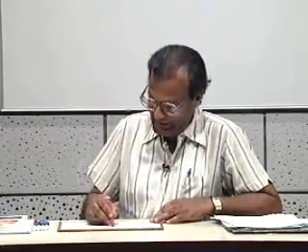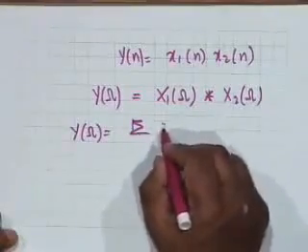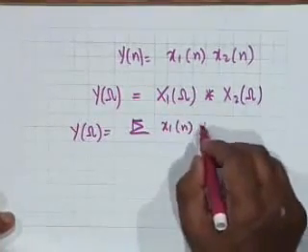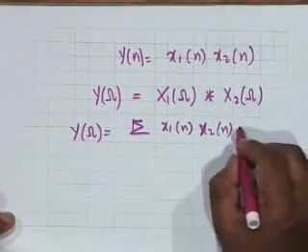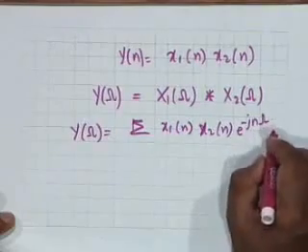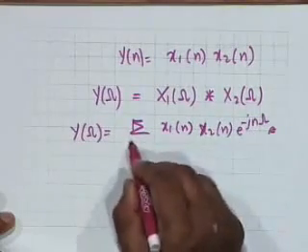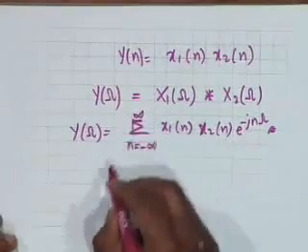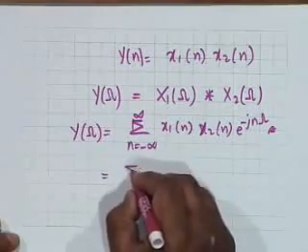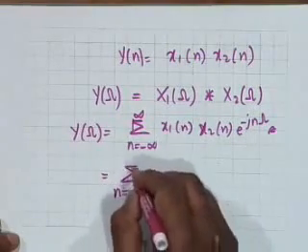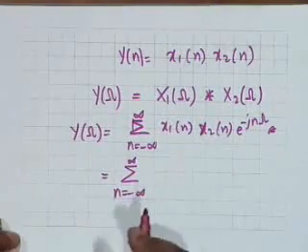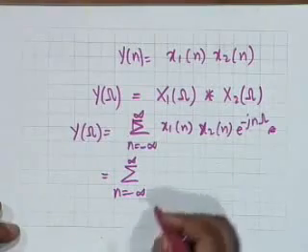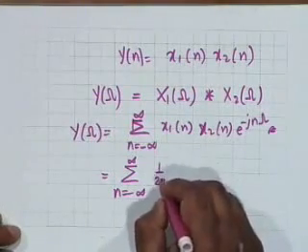Y of omega by definition is the summation of x1 of n, x2 of n, e to the minus j n omega, n equal to minus infinity to plus infinity. What we do in this is that one of them, x1 of n for example, we replace by its inverse Fourier transform relationship.